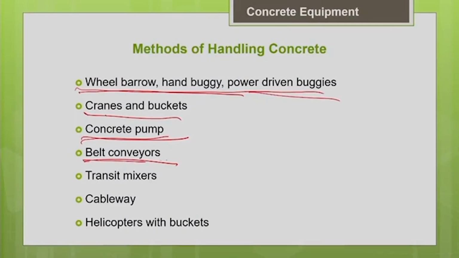We also have the belt conveyors, when you want to place a very huge quantity of concrete over a large distance. Transit mixers, which we use for transporting the concrete from the batching plant to the job site. Cableway with concrete buckets, helicopters with concrete buckets can be used if your construction is over a river valley, where the mobility of other equipment on the ground is not possible.